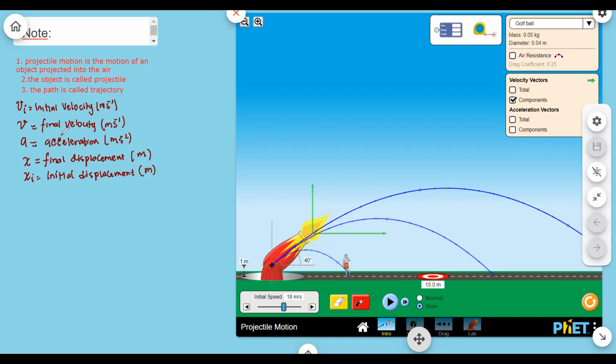So we have already dealt with the quantities in projectile motions. Now, we must find their components along the x and y axes. And then we can put Vix equals the initial velocity along the x-axis.